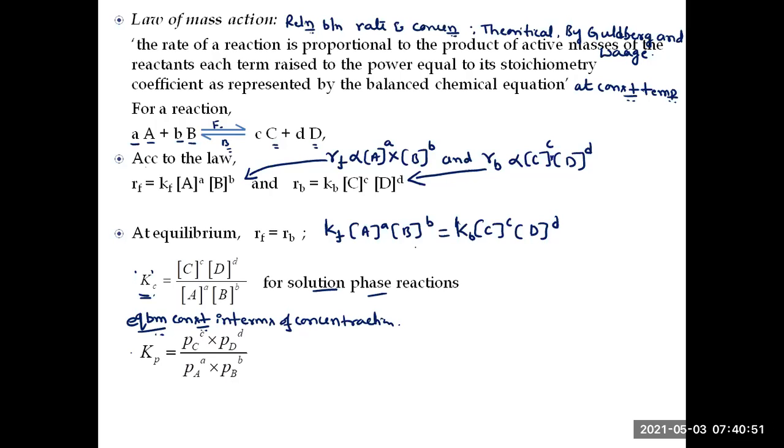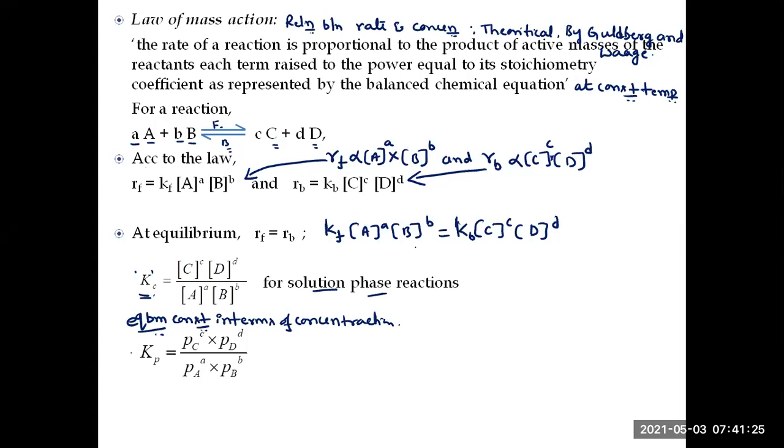Kp is equal to Pc^c into Pd^d, partial pressures of products C and D, in the numerator. In the denominator, Pa^a into Pb^b. So the numerator is the product of partial pressures of products, and the denominator is the product of partial pressures of reactants. That ratio is called the equilibrium constant in terms of partial pressure.